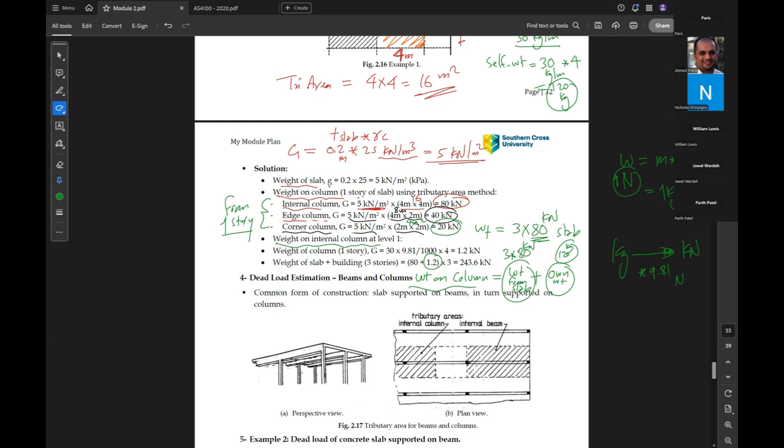So how to convert Newton to kilonewton? We need to divide by 1,000. Yes. So to convert from kilogram to kilonewton, we multiply by 9.81 and divide by 1,000. For simplification, we can round this up to 10.